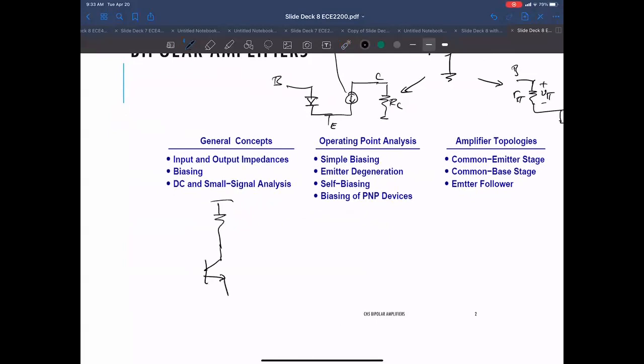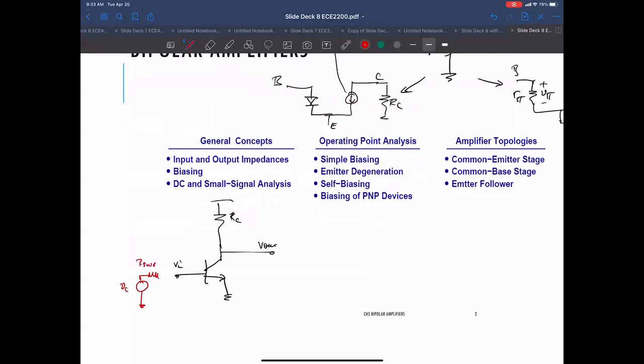Let me redraw it here. Say this is our amplifier. We said this is the input and this is the output, but we didn't talk about what would happen with a typical input. A typical input is not a voltage source completely, but has some kind of a resistance.